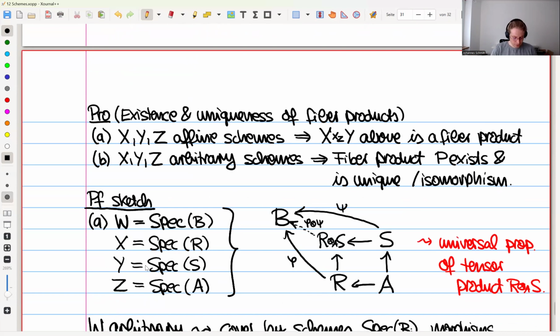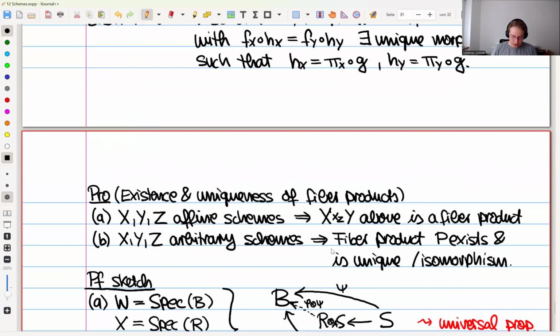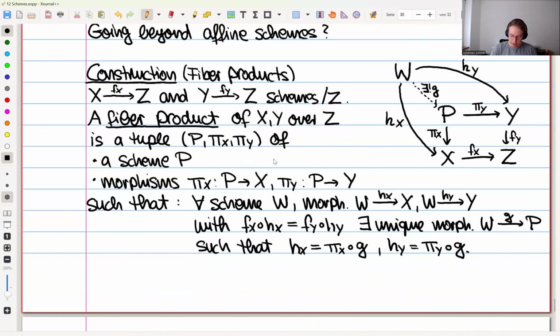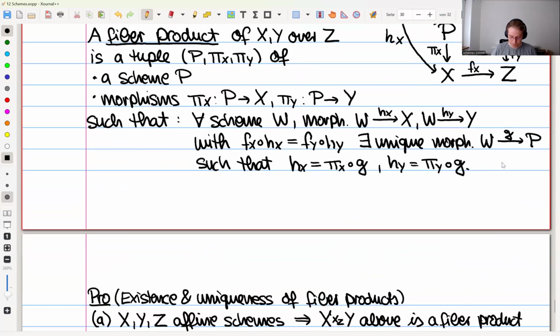So if all of these spaces are affine, we have R being an A-algebra, S being an A-algebra, and we claim that we can fill in this diagram, copied from above. The condition is that we have maps from W to X, W to Y, such that the map downstairs to Z commutes.